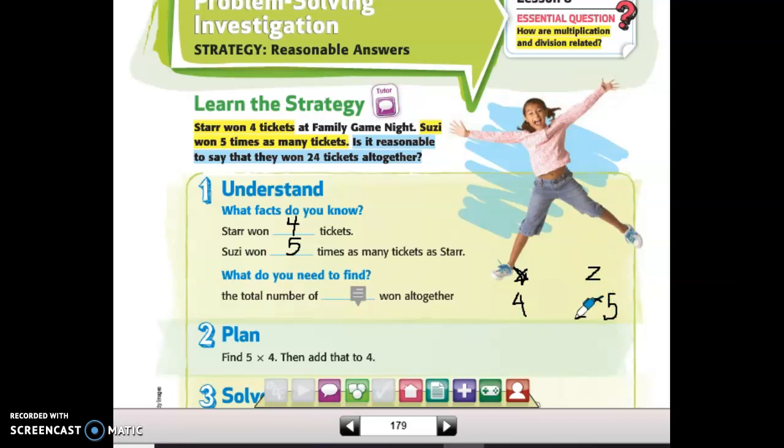What am I multiplying by? Susie won 5 times as many tickets as Star. So that's basically the problem that we're solving, which is why the plan here says find 5 times 4, then add that to 4. Okay, so we're doing this, and then we're going to add the 4.